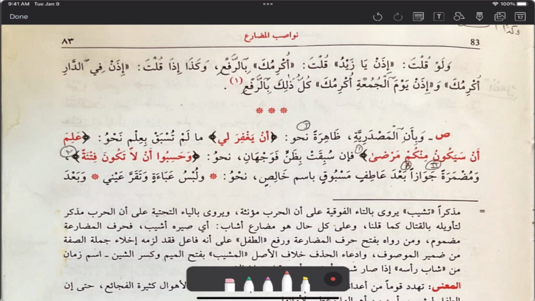And so, if you were to say إذا يا زيد, then oh Zayd, أكرمك, you don't say أكرمك with nasb, because that's not a swear. Yeah, Zayd, that's not a swear. That's a calling. But didn't I say to you that a number of things in Arabic are very shiftable? You can slide them between things and it won't harm the meaning.